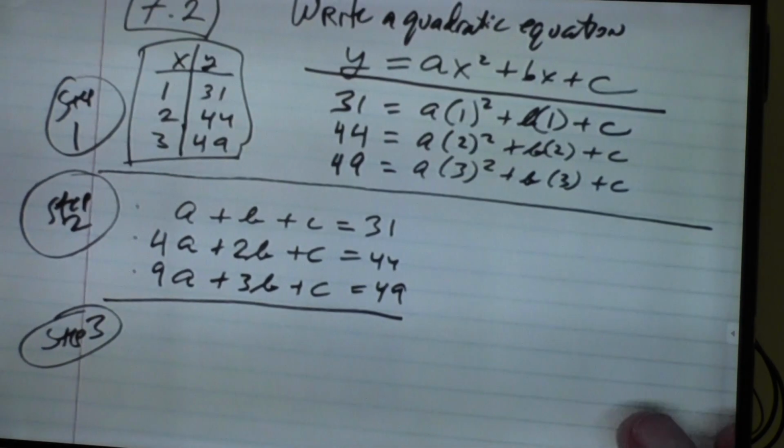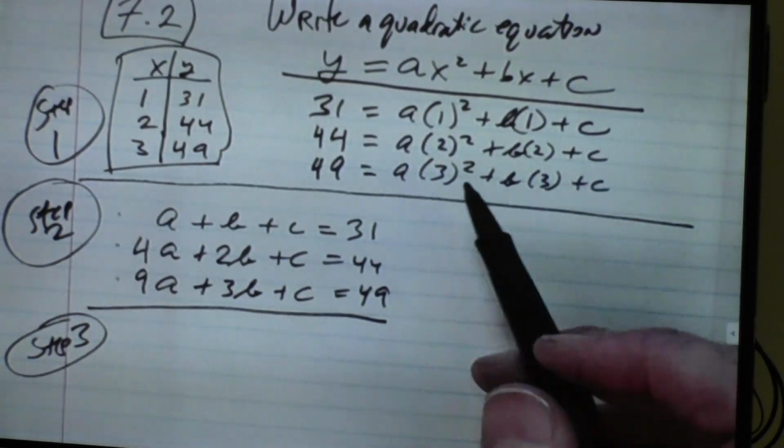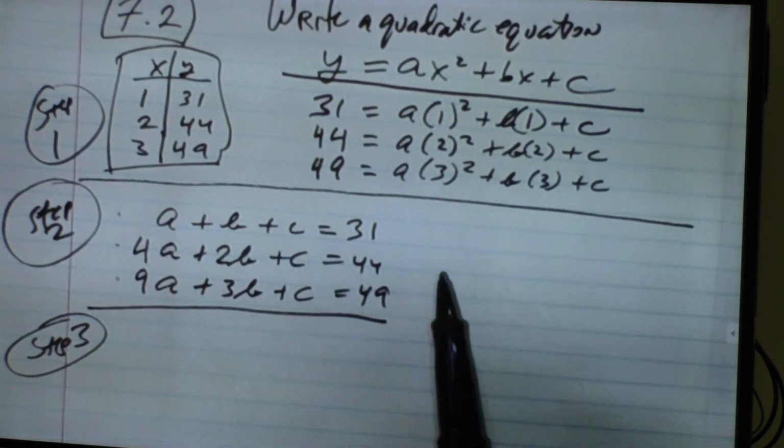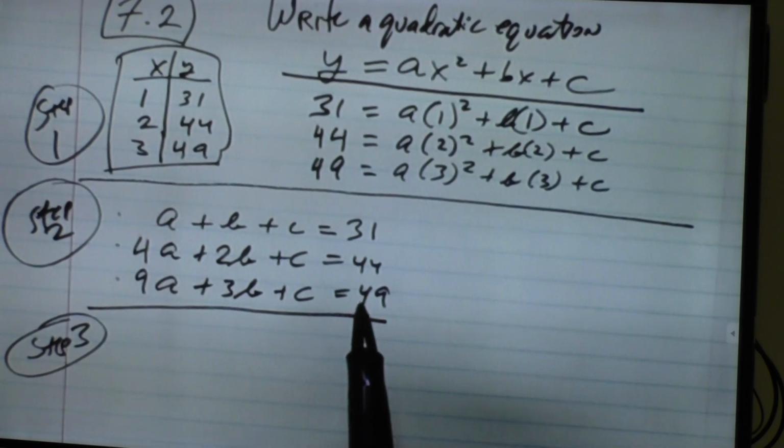As you're finishing it up, see that you got to this place where if you put those numbers in and multiply them out, you get these numbers. 4, 2, and 44, 9, 3, and 49.